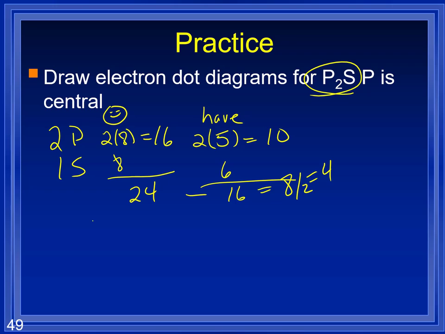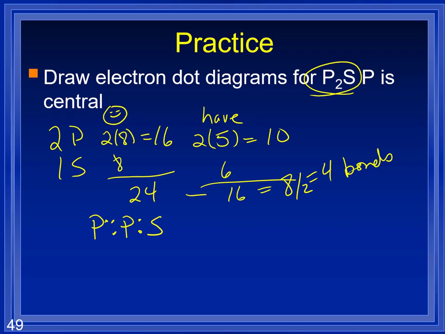Okay, so I know that this is the order, and I know the fewest I can get away with is 2 bonds. But my math says I have to put in 4 bonds. Okay? So I got to put in 2 more. And I actually have 3 choices about where they go.